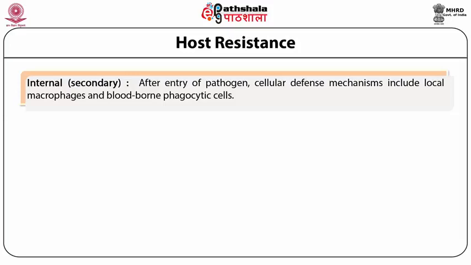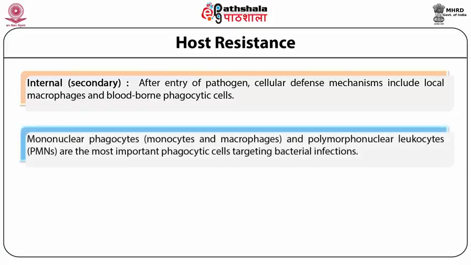But here also the host body has a robust resistance mechanism against the pathogens. The mononuclear cells, monocytes and macrophages, and polymorphonuclear cells, also known as PMNs, are important phagocytic cells. They will target whatever pathogen enters the body, and they will engulf the pathogen and destroy it.